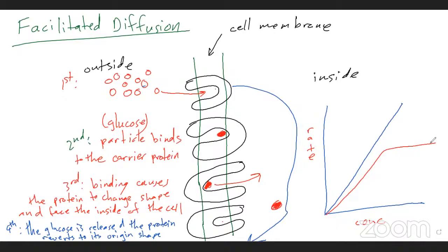So my question: which of these lines do you think is simple diffusion, and which one is facilitated? The straight one is simple, and the one that increases over time and then becomes constant is facilitated. Tell me why you think that.